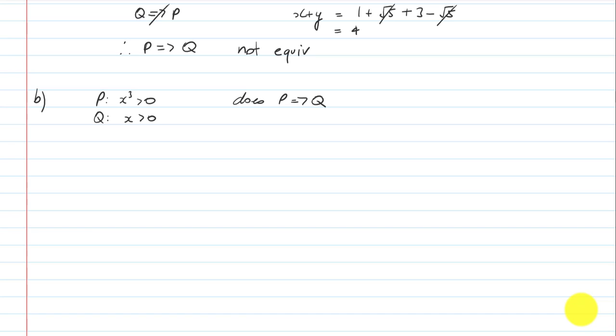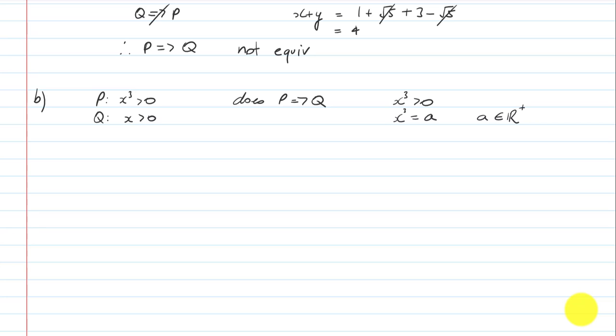Let's go with X cubed is greater than 0. Then it's going to equal some A, some positive value. So X cubed equals A, where A is a real number but positive.